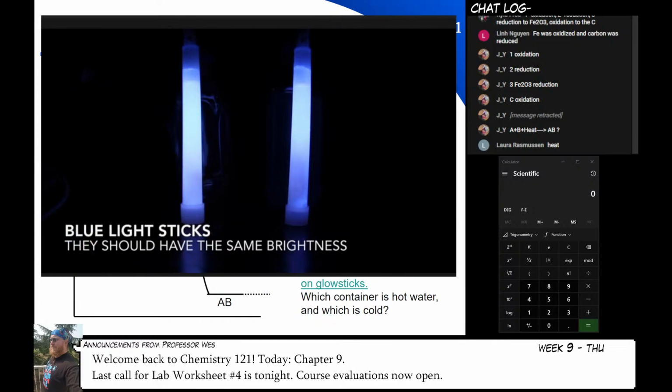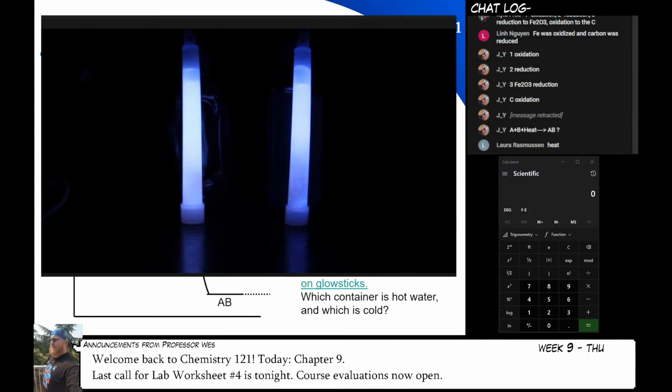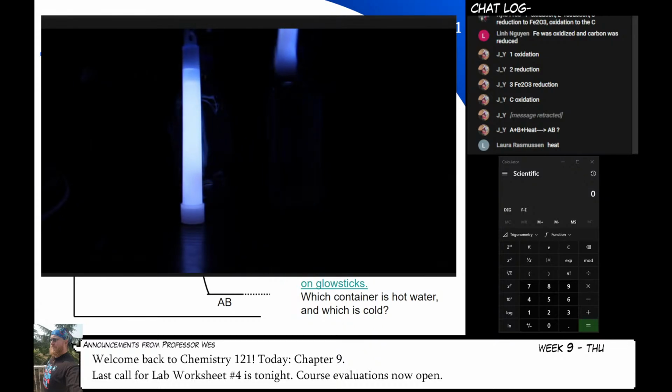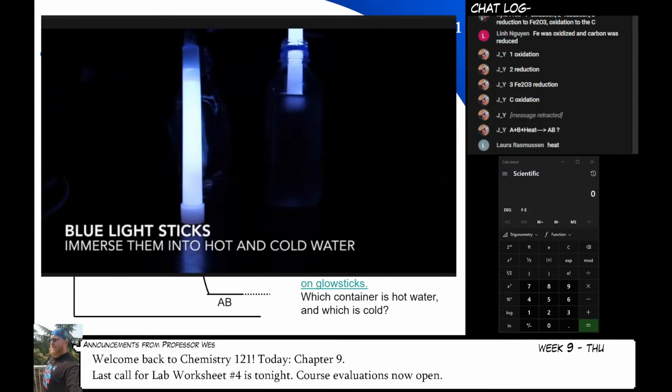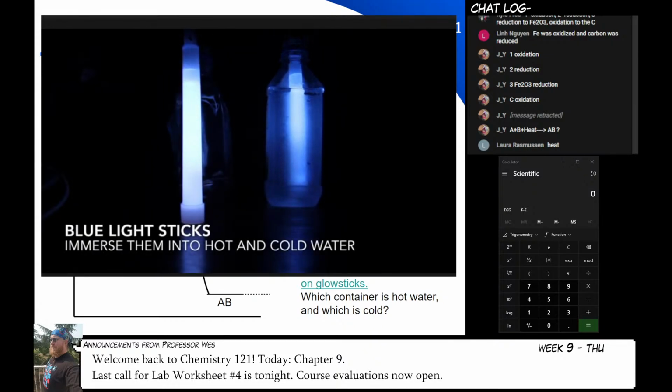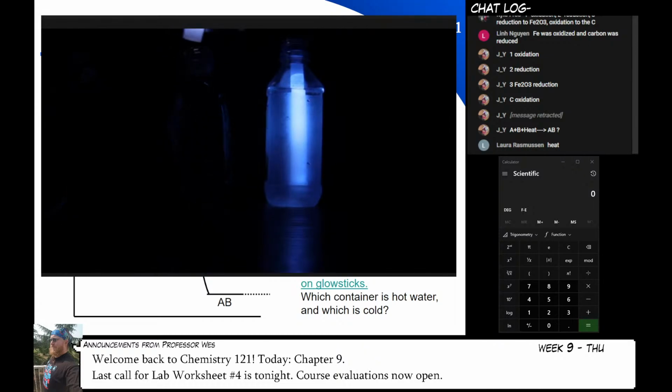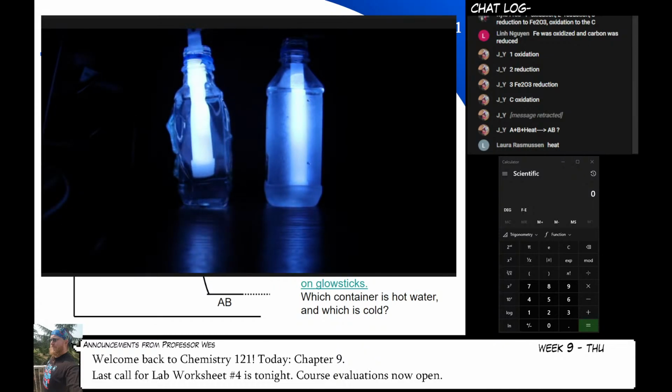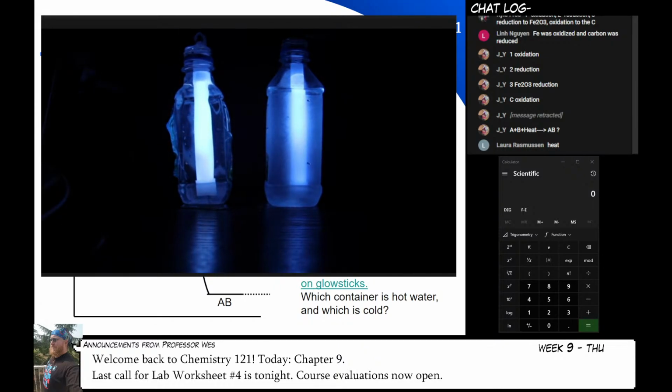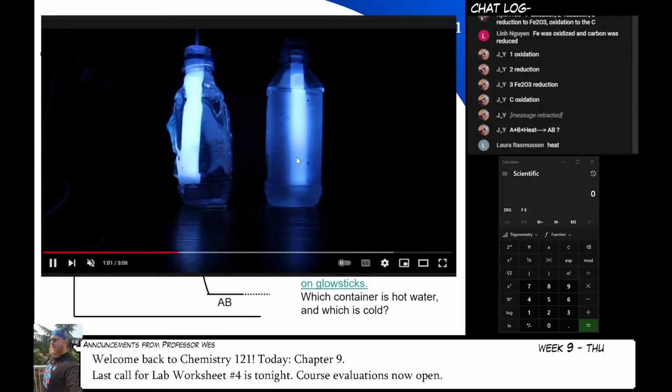So we're going to put them into two beakers with different temperatures of water. Now, one of these is hot water and the other one's cold water. You can probably guess which one's cold water by the condensation on the right here.